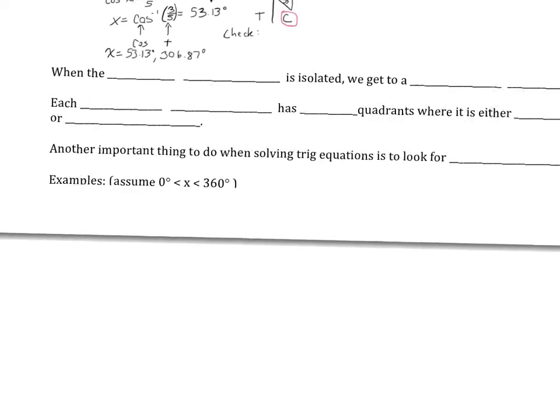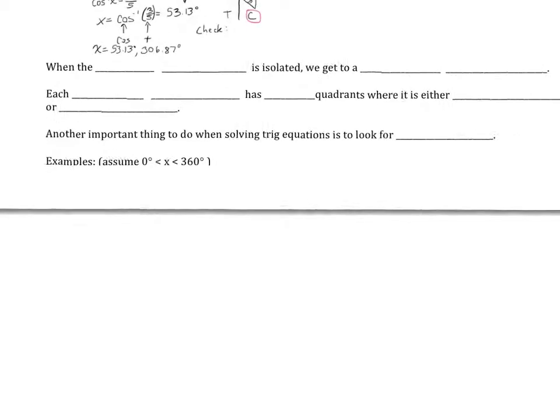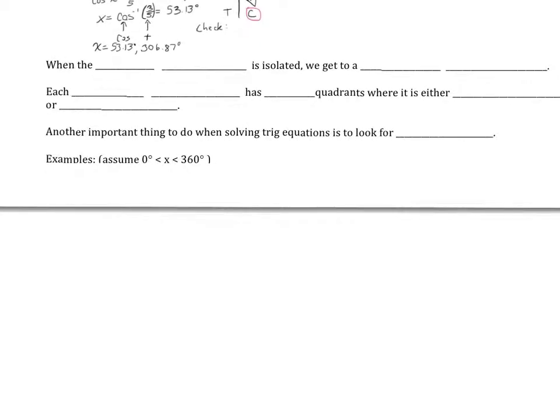So here's a recap of how this works. When the trig function is isolated, we get to a decision point. Each trig function has two quadrants where it's either positive or negative.